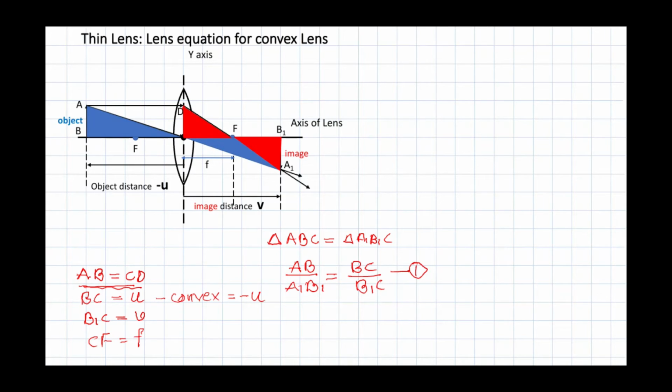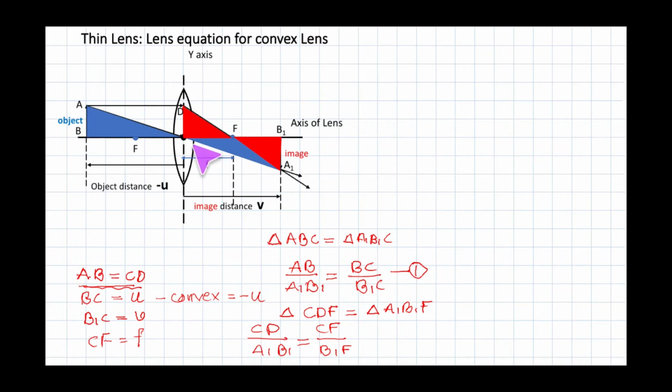So from these triangles, triangle CDF is similar to triangle A1 B1 F. So from this we can say that CD upon A1 B1 is equal to CF upon B1 F. So CD upon this A1 B1 is equal to this distance CF divided by this distance B1 F.